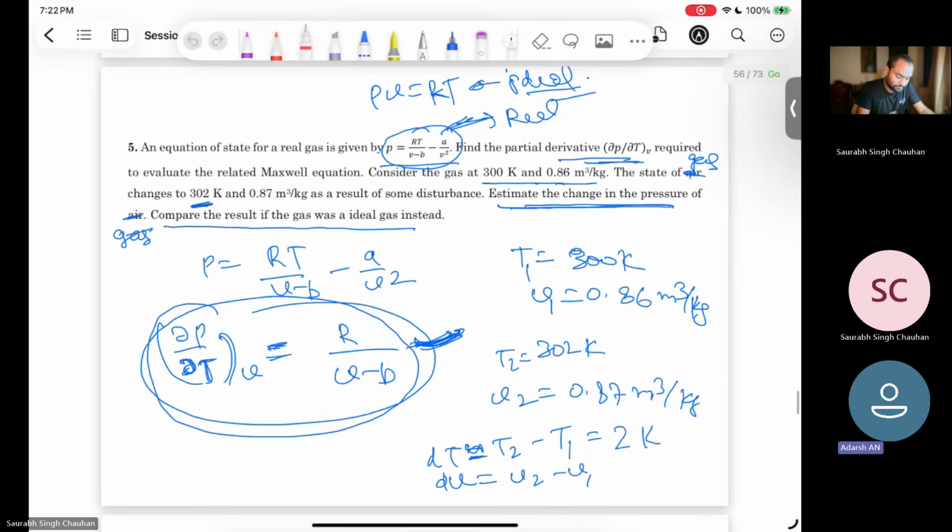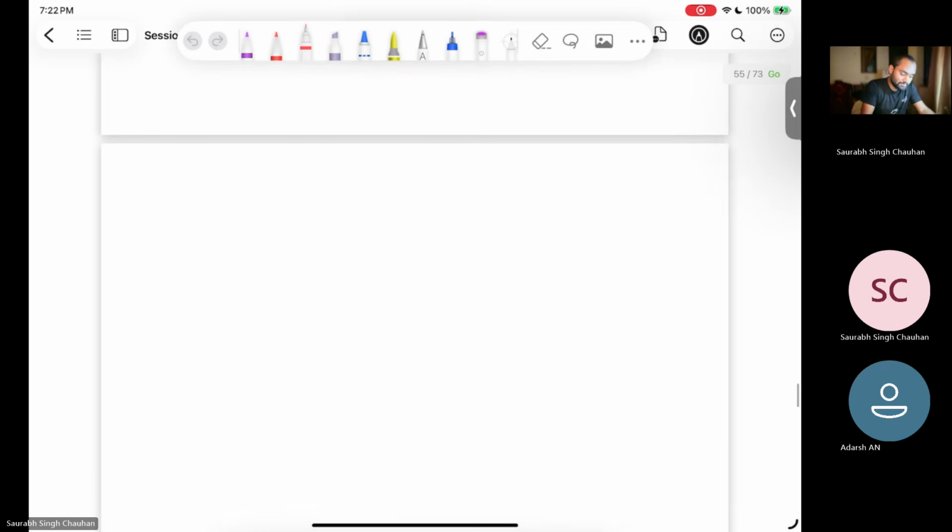Only one doubt I was having. We were saying that the volumetric expansion coefficient and the specific volume are not very sensitive for liquids and solids. Can you please repeat?